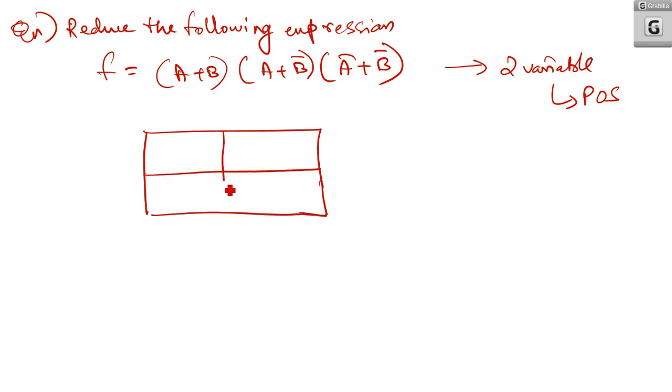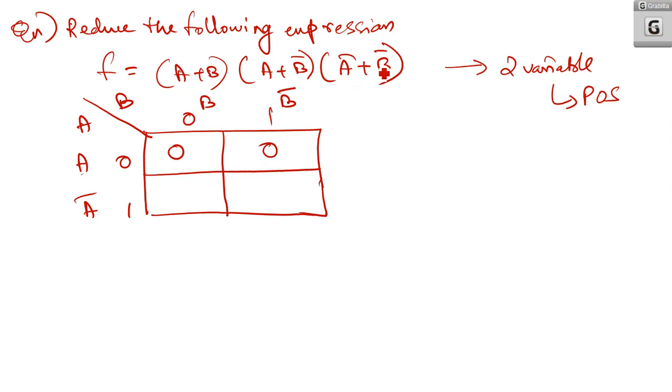So here what we are having is A, B, 0, 1, 0, 1. This is A bar, B, B bar. So A or B, A or B means what? This term. So here we get 0. Then since this is POS, we will get 0. A or B bar, that is this term, 0.